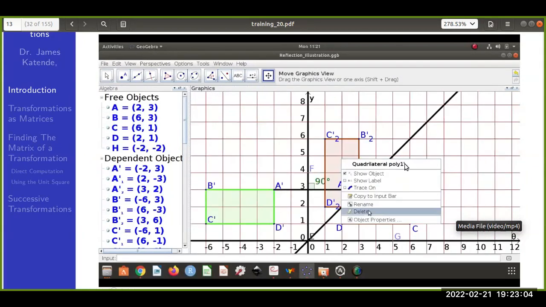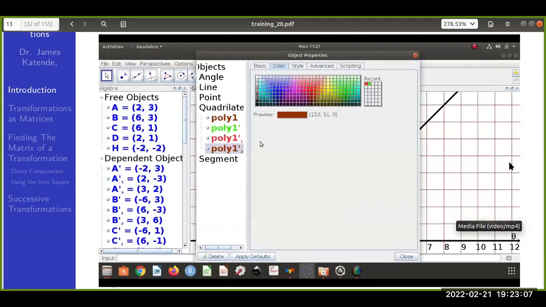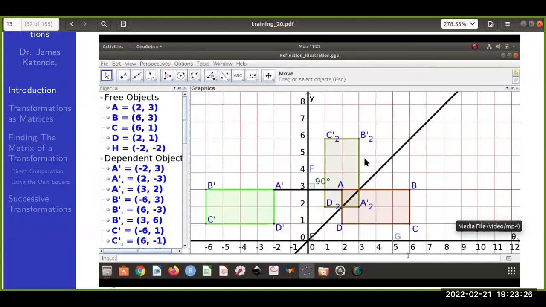So this last one is a reflection of the original rectangle along the line y is equal to x. So this is the line y is equal to x, and that's the image of this reflected along that line.